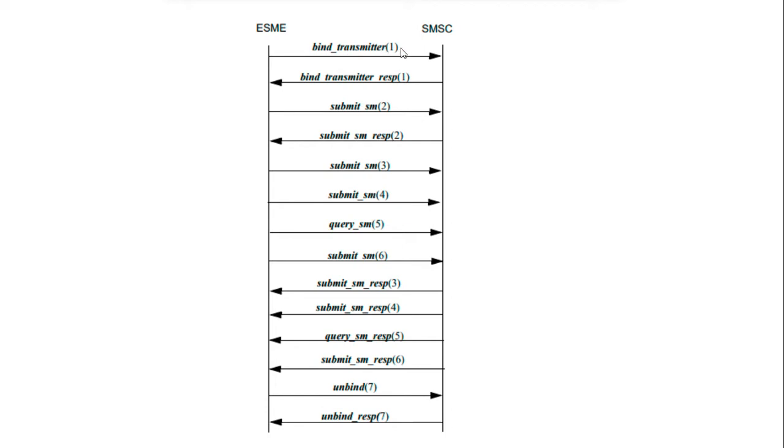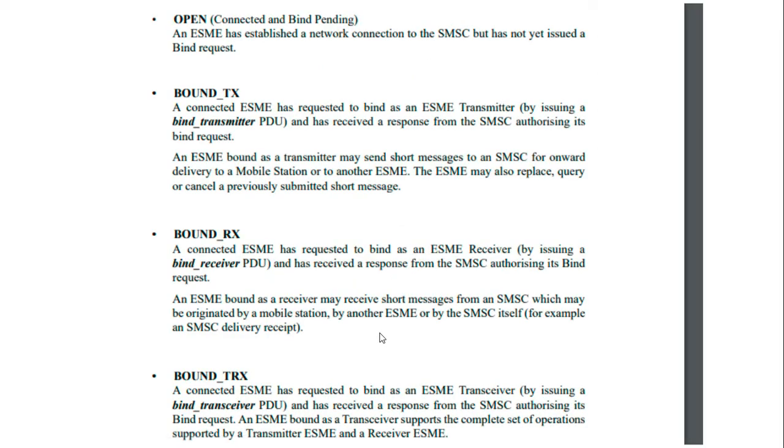Today I am going to give you an overall in-depth description of bind and unbind requests and how they work. There are multiple kinds of bind requests you can send depending on the requirements. If you want a client which will only send SMSs but not receive any, you need a different kind of bind request.